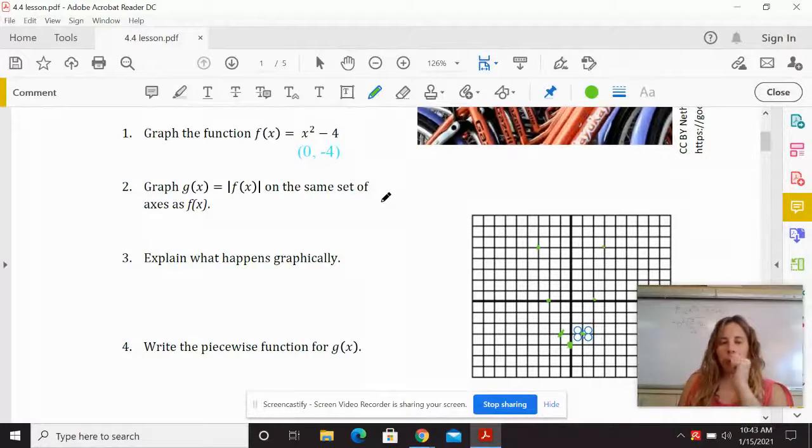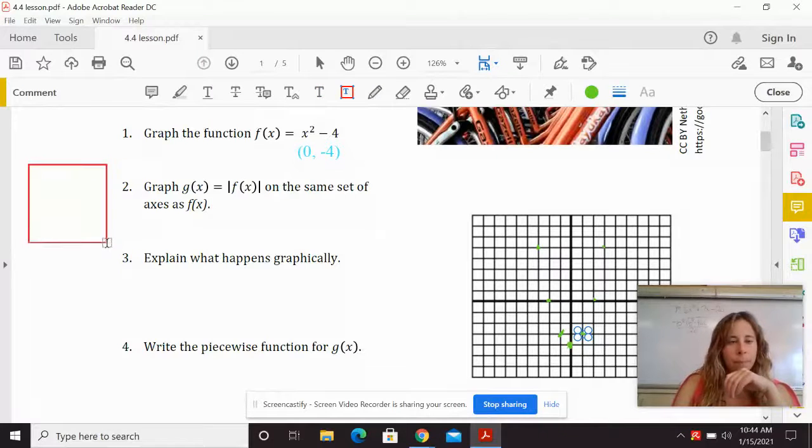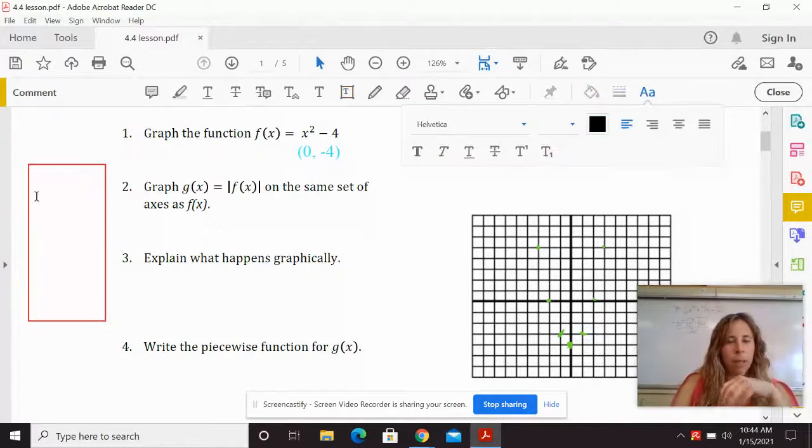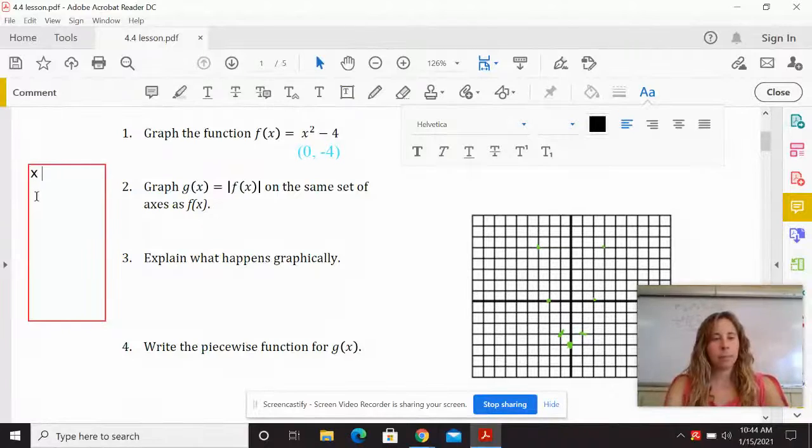So graph your parabola. Now you're going to graph g of x, which is the absolute value of f of x. Think back to what we did yesterday. If you want to, you could make a table. So you're going to have x, f of x, and then g of x.